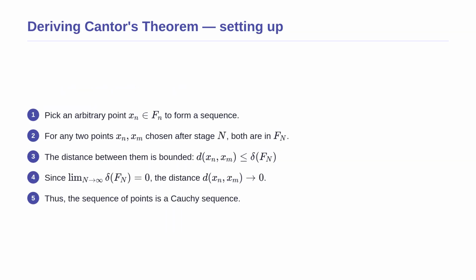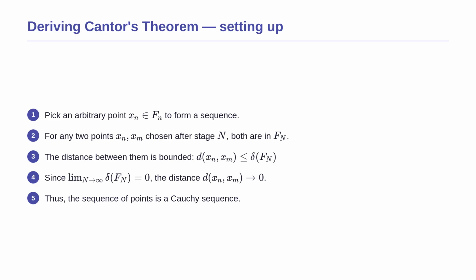Now that we have successfully used the formulas and seen examples, let us understand why this theorem works by proving it step by step. We start by picking one arbitrary point from each set to create a sequence of points. We choose xn from the set Fn.